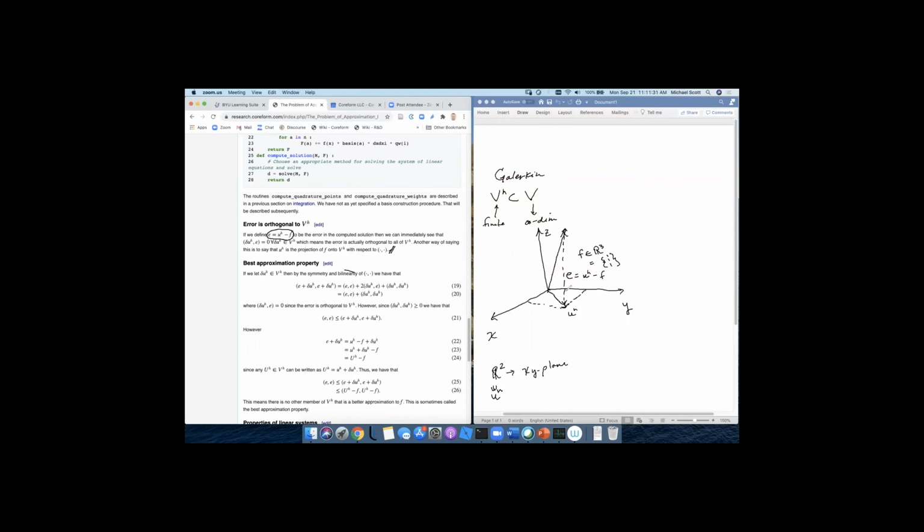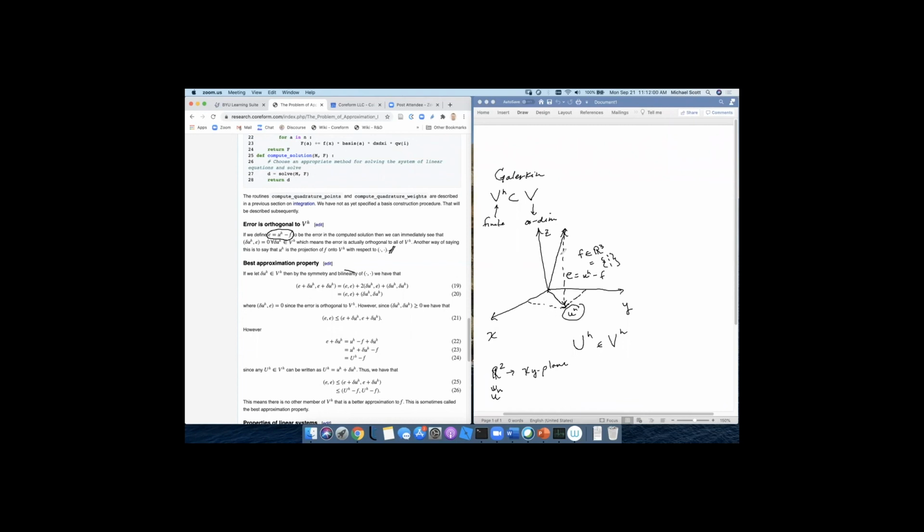What it says is that if we were to pick some other big UH in our VH, there is no other function whose error is smaller than the computed little UH. That's what we mean by best approximation.